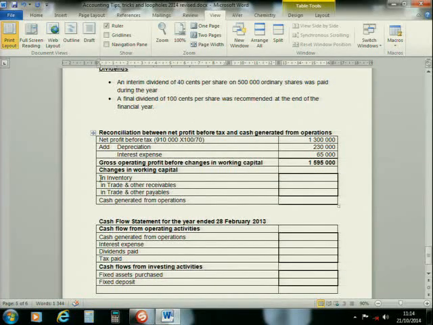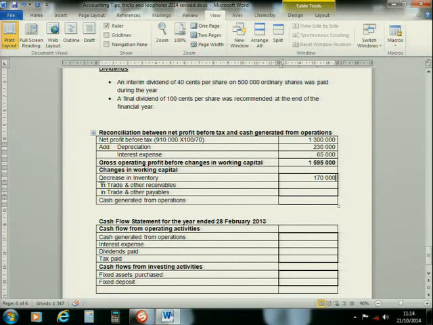So you write in here, decrease in inventory of 170,000 rands. What does this decrease mean for cash? It means an increase in cash, and therefore you do not bracket.